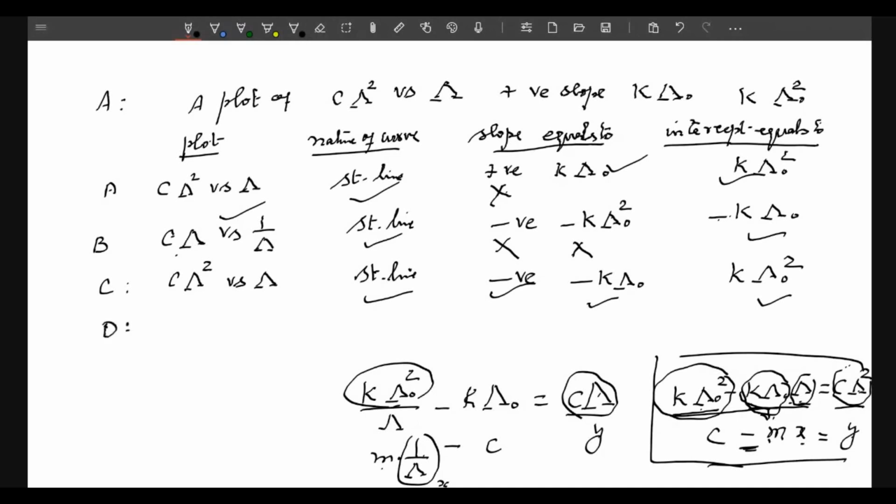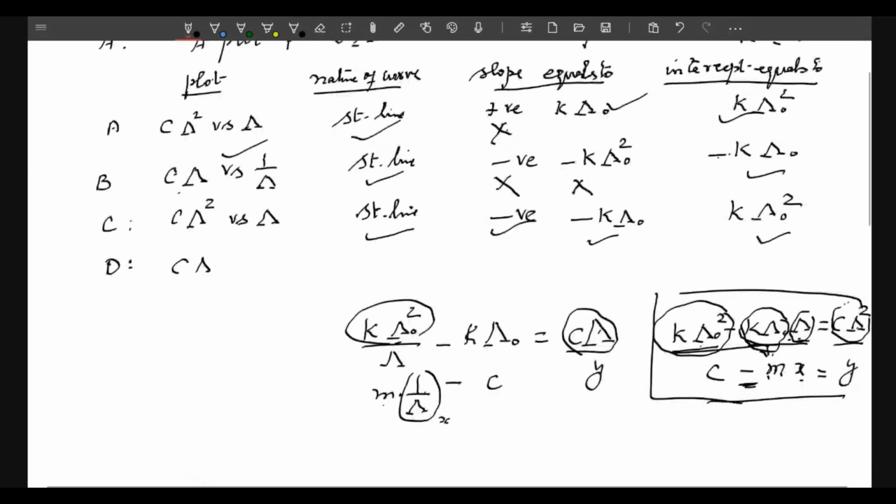And option D. A plot of C lambda versus 1 by lambda gives a straight line with a positive slope equal to K lambda naught square and intercept equal to minus K lambda naught.